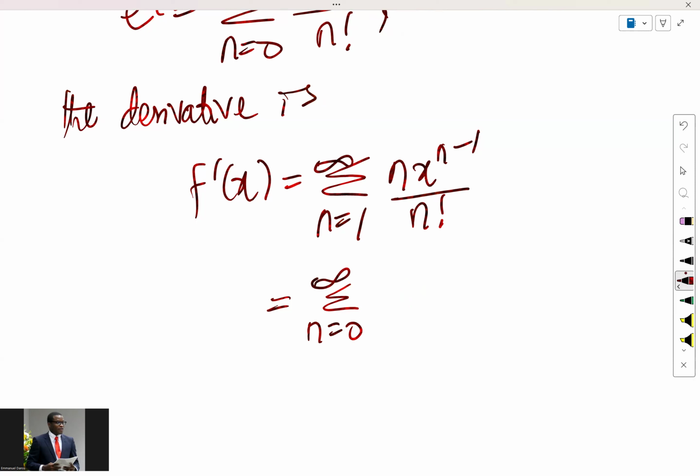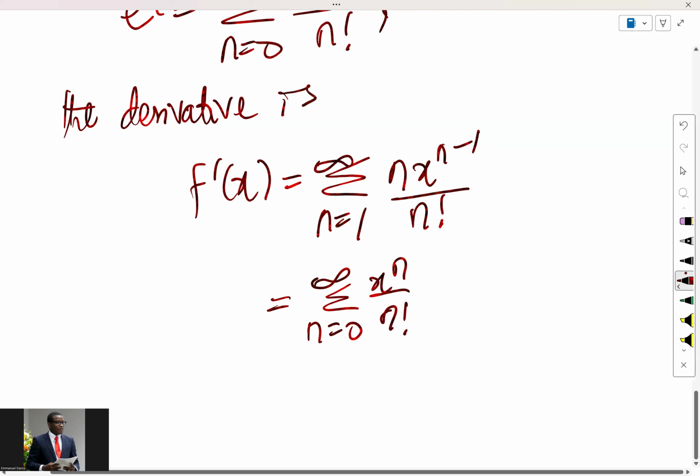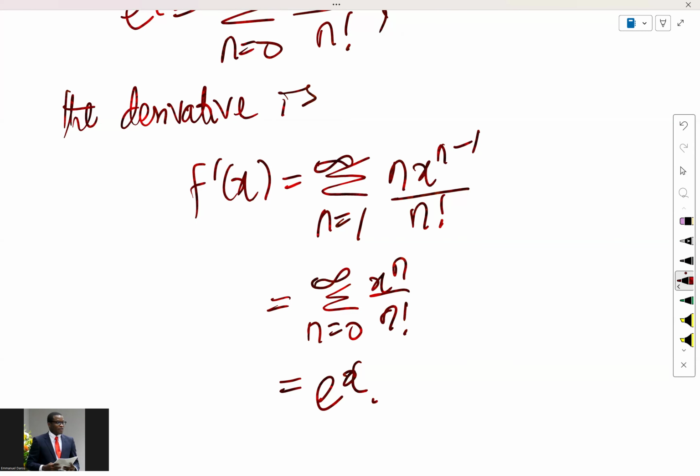So instead of n minus 1, we come back to x raised power n over n factorial, and it's like we're back where we started from before, and this is still the same thing as e raised power x. So going back from n equals 1 to n equals 0 takes away this n. Okay, I think a better explanation would be this.